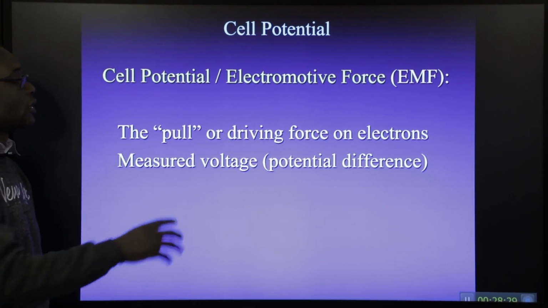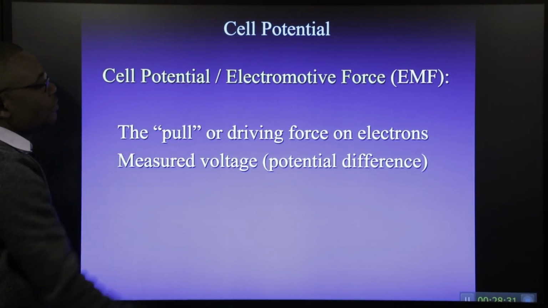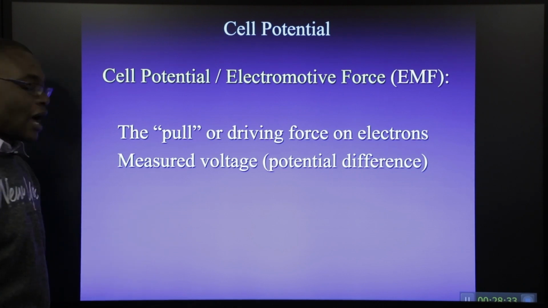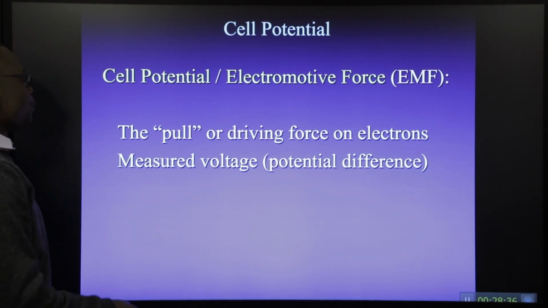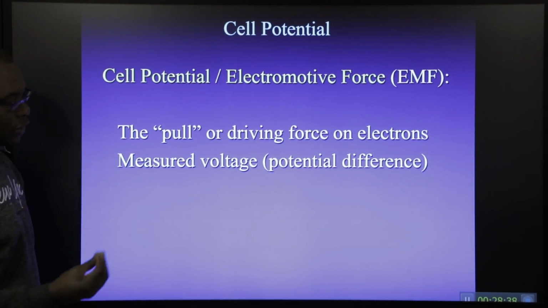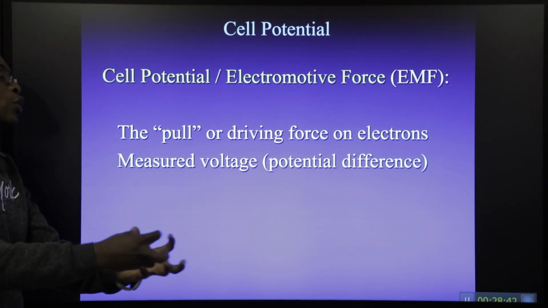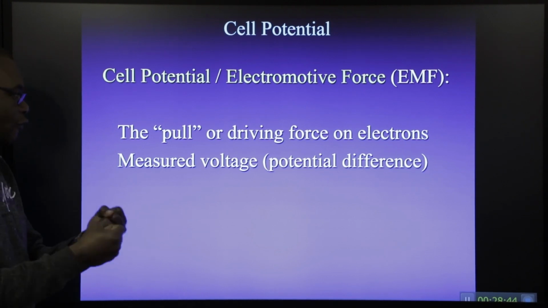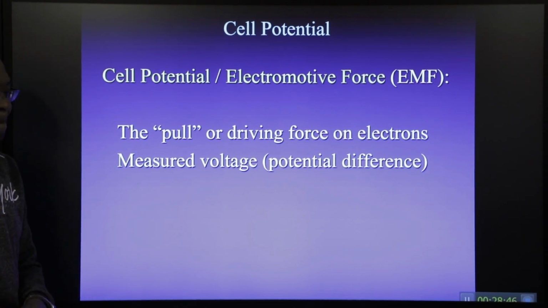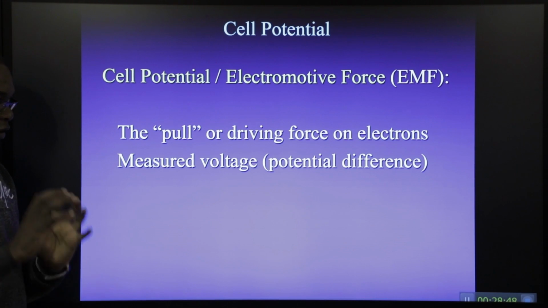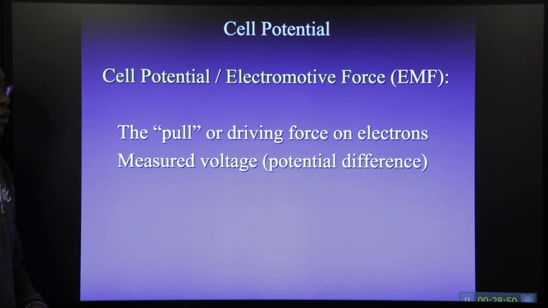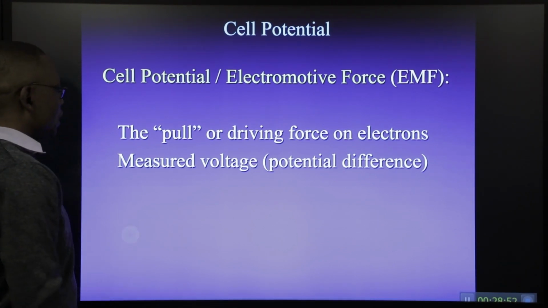What are we talking about? This is more or less one and the same thing, and the phrases are used interchangeably. So a cell potential or an electromotive force is the pull or the driving force of electrons, measured as potential difference and a voltage.